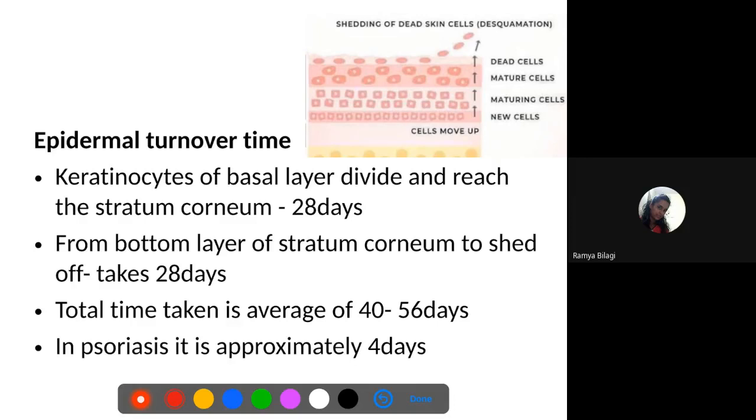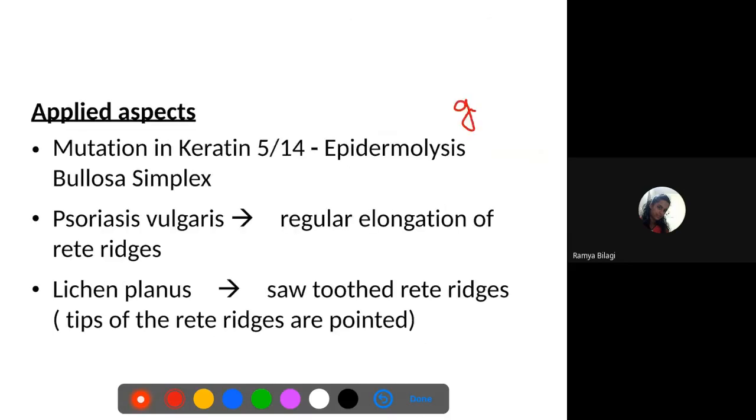So coming to the applied aspects of the stratum basale, I have told you the important keratins present in this layer are keratin 5 and 14. If there is any mutation to these keratins, you will see a genetic condition called epidermolysis bullosa.